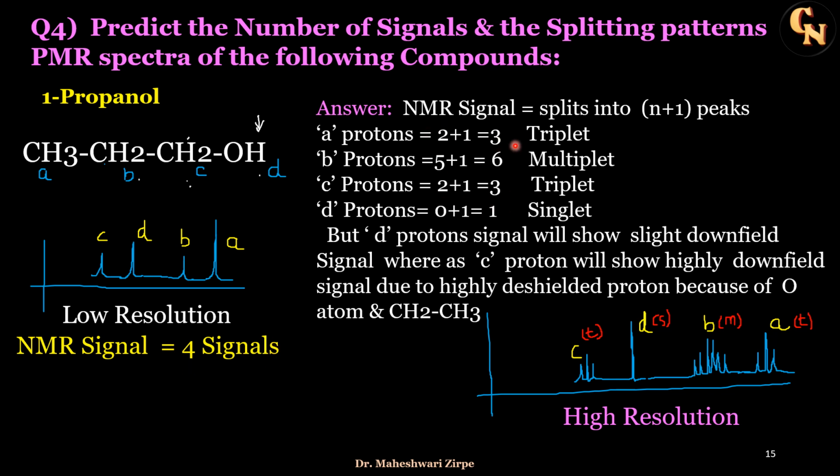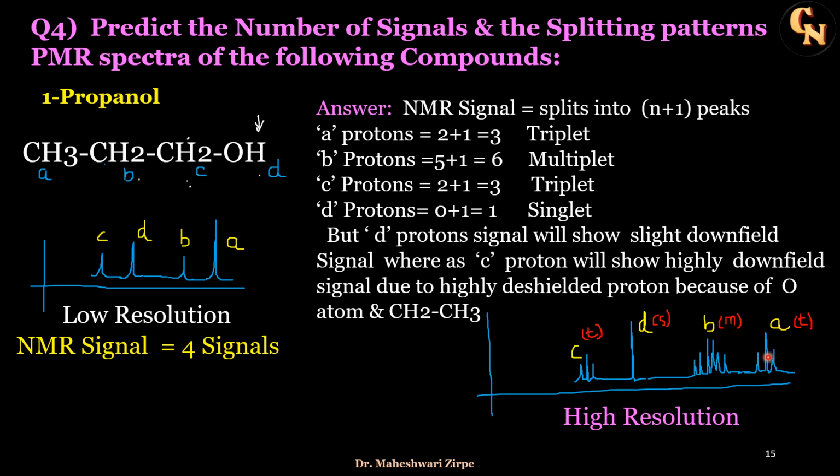And splitting, I think now you are clear: 2 plus 1 is 3, so a triplet. The A protons will show a triplet, the B protons will show a multiplet, because there are 6 peaks. The D protons will show only one singlet, and the C protons will show a triplet, and in this sequence they will be visible in your spectrum.